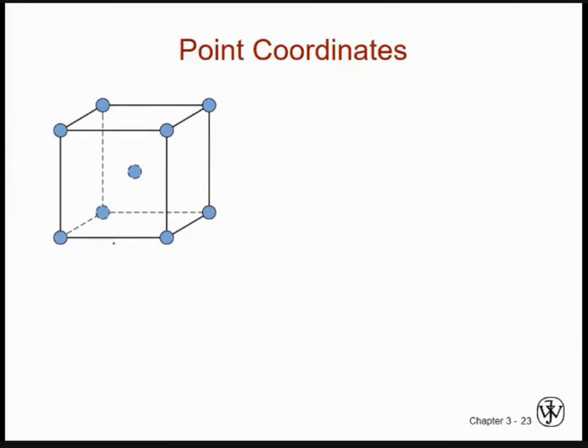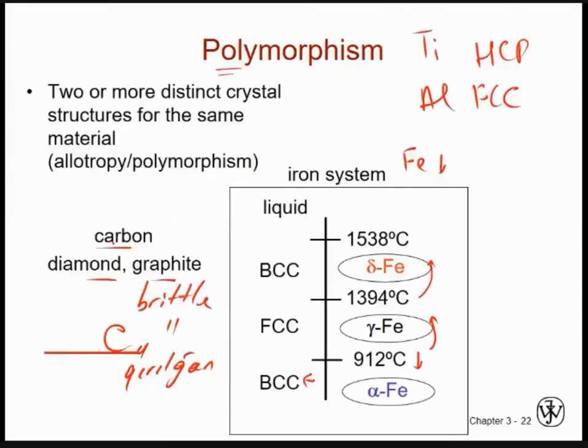Before I move to the next slide, which I will not do in this video, I want you to capture what we learned so far. Let me find some empty space. We have learned crystal structures: simple cubic, FCC, BCC, and the last one, HCP.